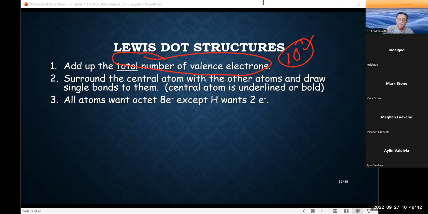For example, the one we just did was the hydrogen, 2 electrons, and then the chloride. And there was 6 electrons around it that were not bonded. These are the lone pair. You got 3 lone pair, LP, okay? And these are the bonded pair.